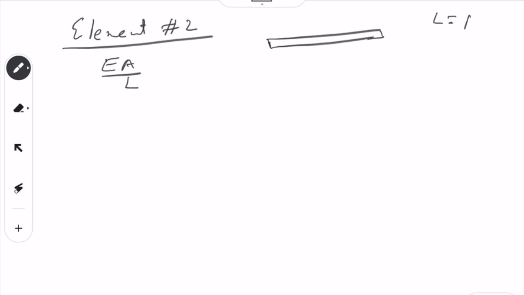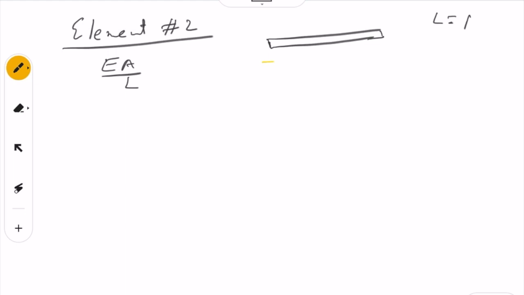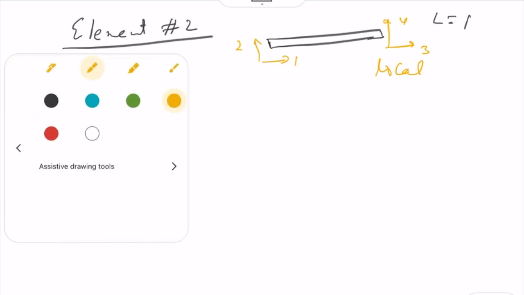So a small K matrix will be, we have number 1 here, number 2 here, number 3 here, number 4 here. These are local numbering, and we will associate them to the global one later.